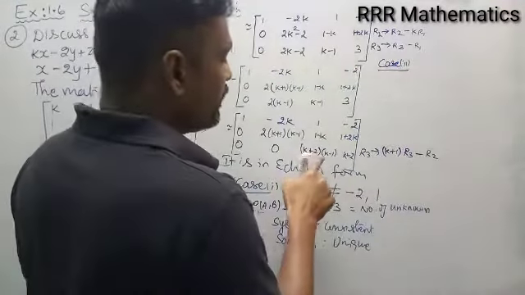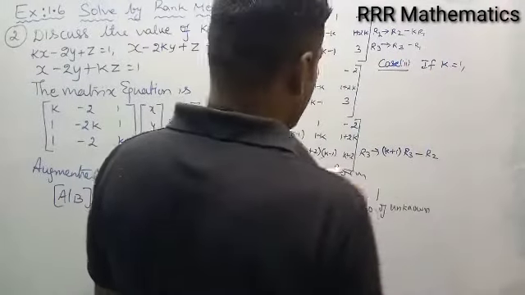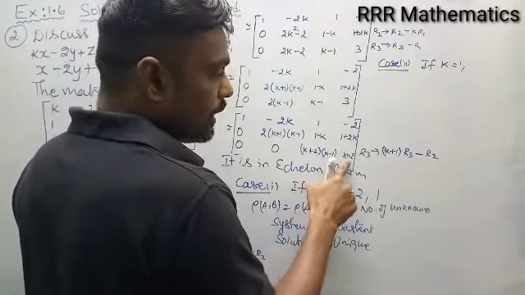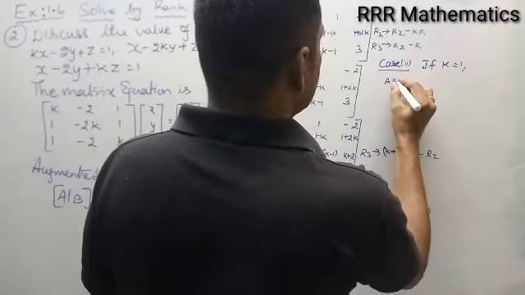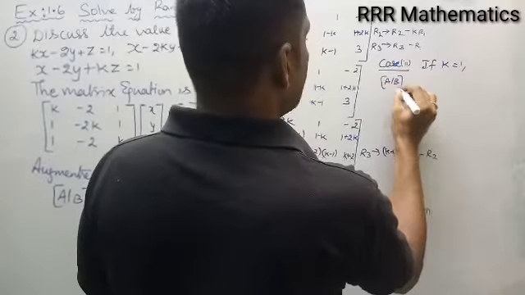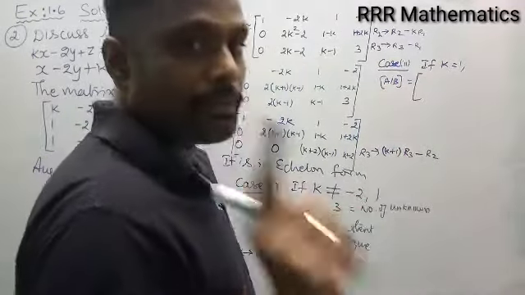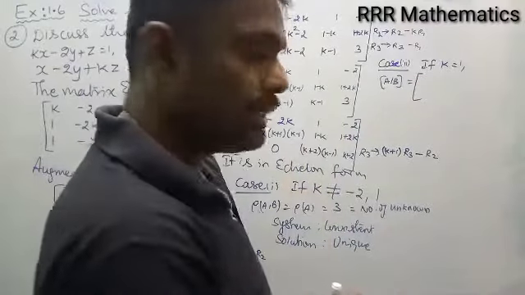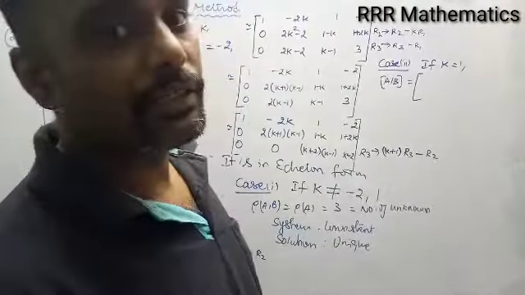Case 2. If K equal to 1, what will happen? If K equal to 1, this will be 0 and this will be 3. So, if K equal to 1, what happens? This augmented matrix A, B, when K equal to 1 is a particular value, I can show the matrix. If it is a general value, I cannot show the matrix. For particular value, I can show the matrix.